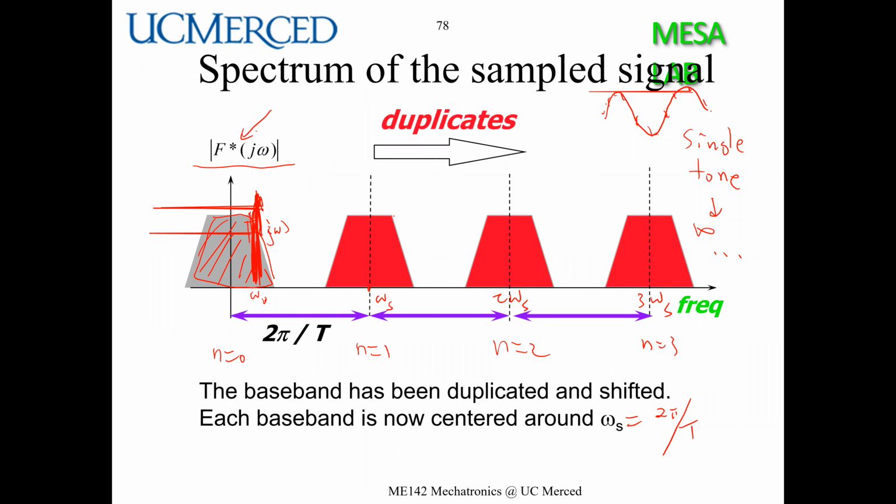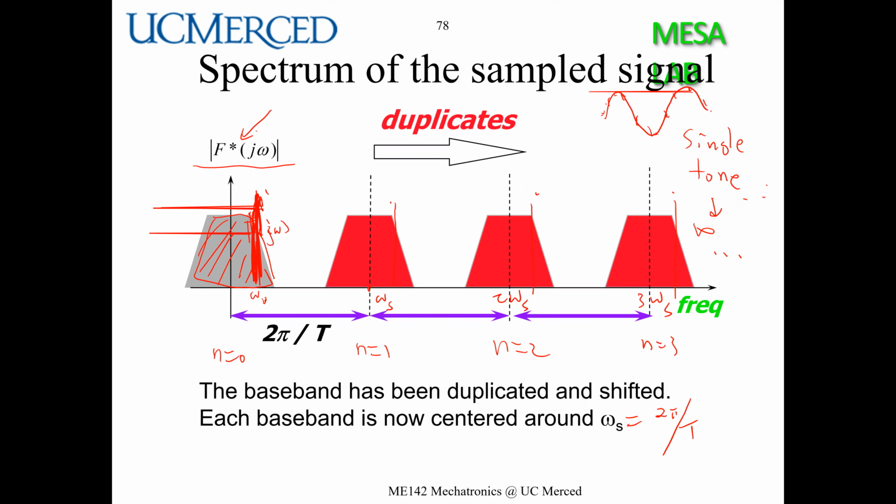Then after you sample this sinusoid, single tone, you are going to make copies of it. So you have this one, you have this one, you have this one. So you have 1, 2, 3, 4, and so on, to infinitely many sinusoids with different frequencies added together.